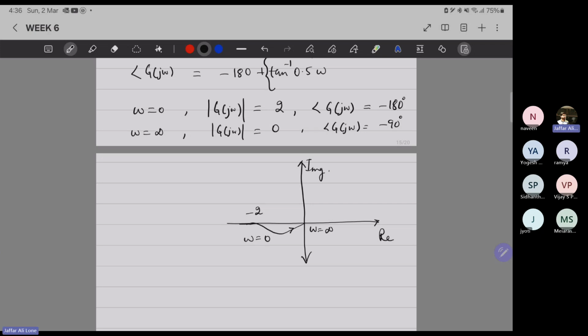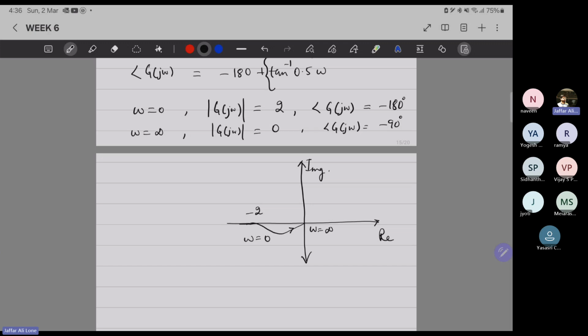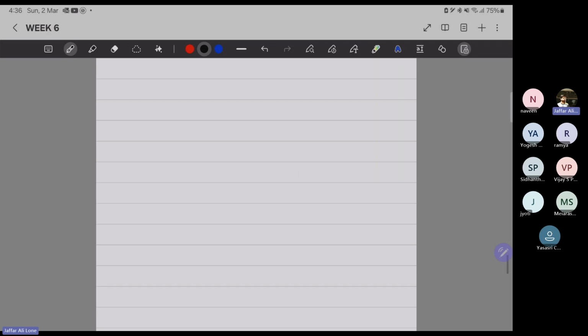Right. So we have very little time left, and we have to cover the Nyquist plot as well as the Bode plot. So quickly, I'll go to the Nyquist plot. If you have understood the polar plot, then the Nyquist plot can be drawn from the polar plot only. So quickly I'll do one or two questions on the Nyquist plot.